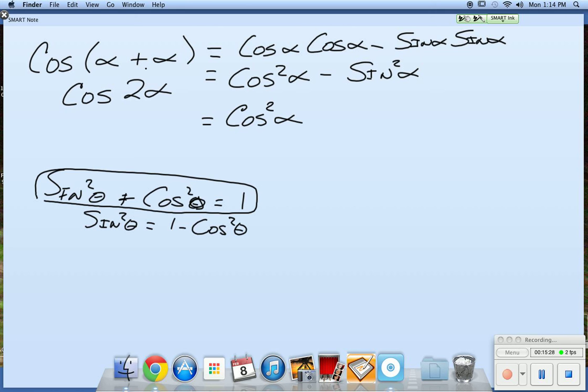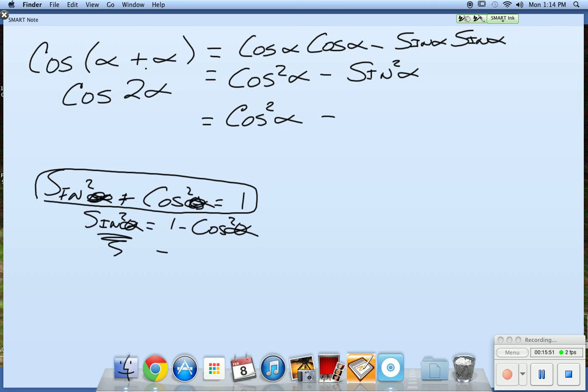Mike, I took the original Pythagorean identity and I just solved it for sine. Then I'm going to take this and plug that back in there for that sine. So sine squared, and I'm using theta here, but we're using alpha up there. Right? And I put this in up here.